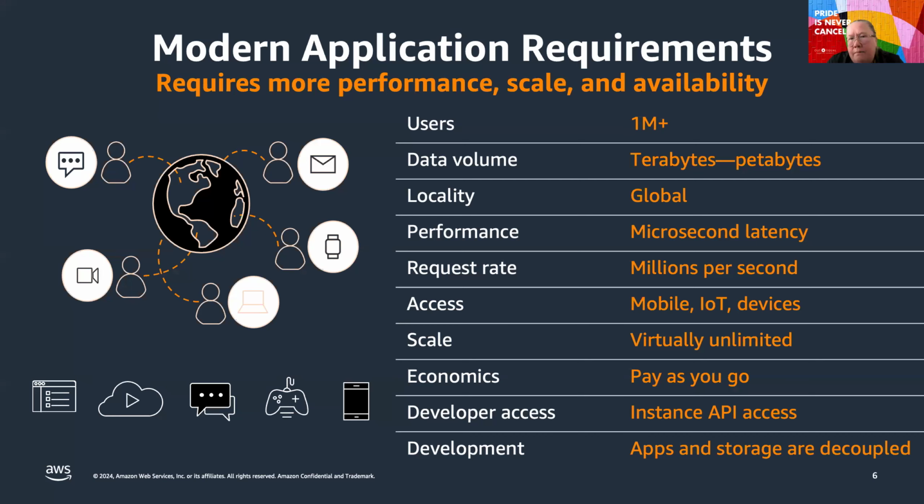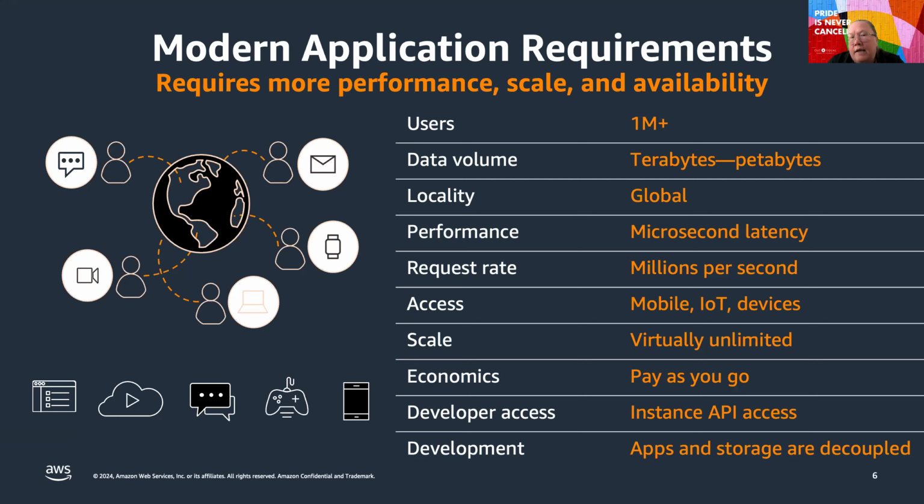When it becomes a performance topic, microsecond latency rather than millisecond latency is expected. And you might have request rates that go up to millions per second. You might also have users on different platforms: mobile devices, sensors, different kinds of laptops, operating systems, and so on.